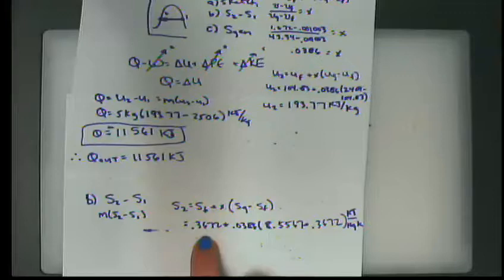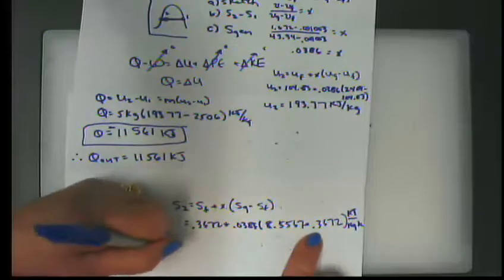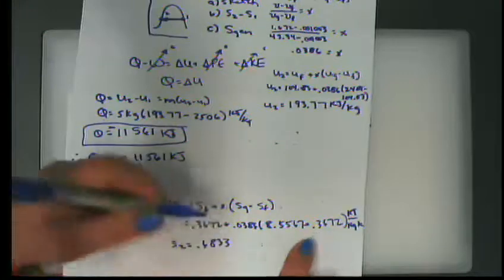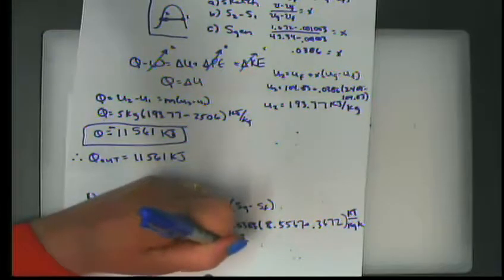And add to that number 0.3672. So my entropy at the second state, S2, is 0.6833147 kilojoules per kilogram Kelvin.